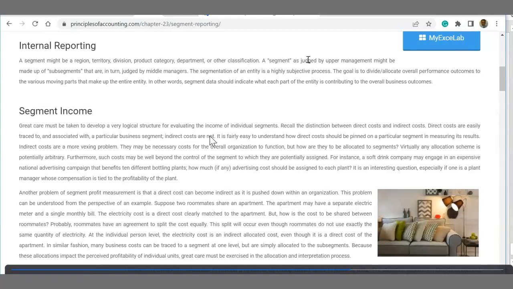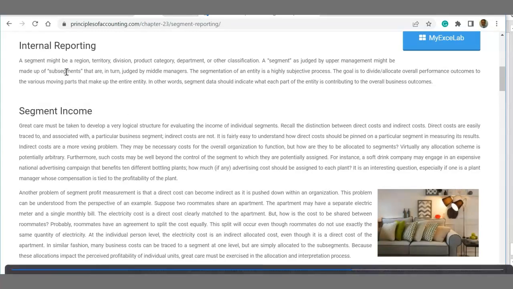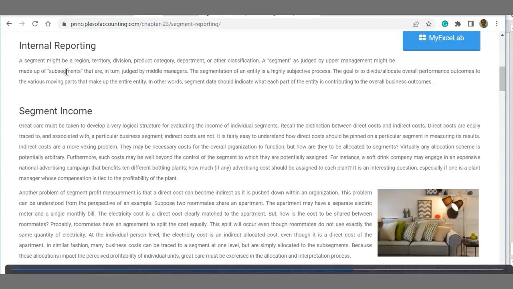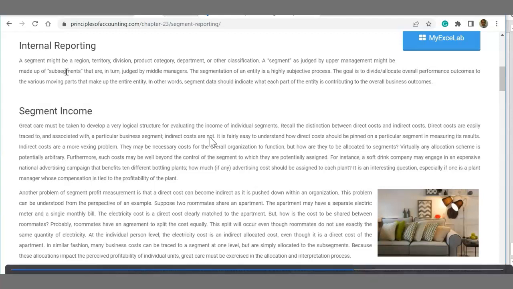A segment, as judged by upper management, might be made up of sub-segments that are in turn judged by middle management. So you have a segment that is judged by the management at the top, but every segment might have a few sub-segments that are under the control of middle managers.